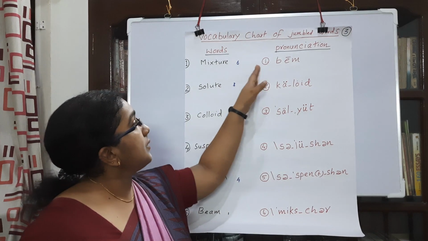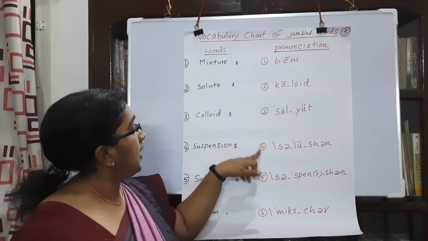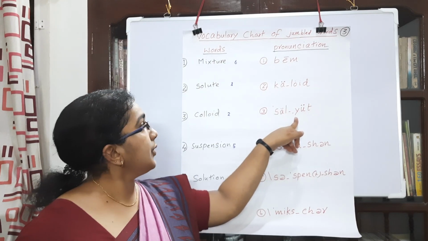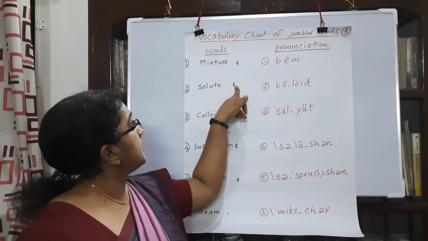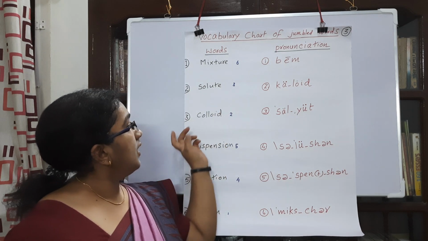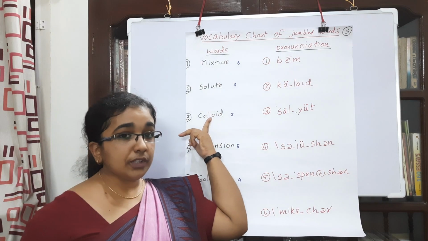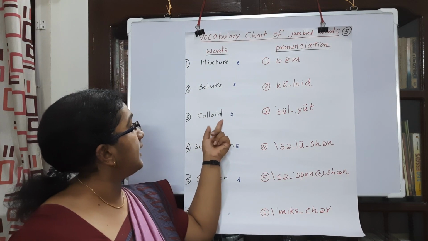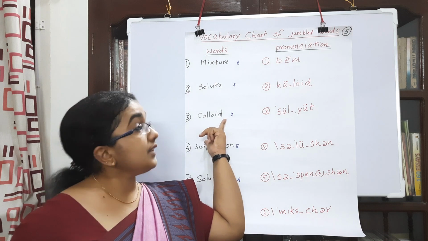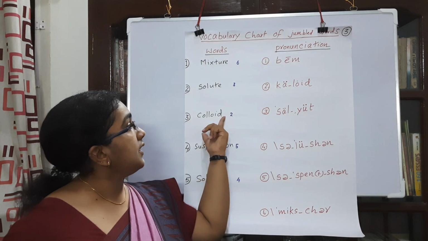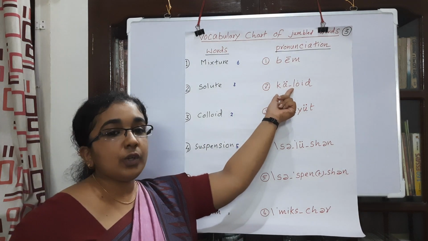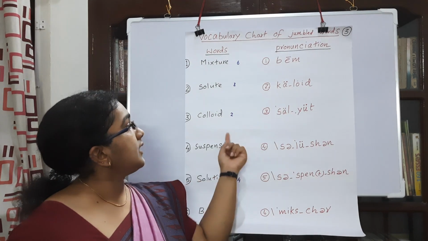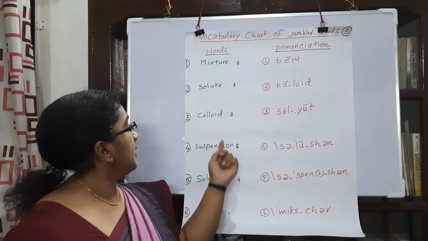For that, the correct pronunciation is solute. So the correct answer is 3. Now, coming to the next word, COLLOID. For this, the correct pronunciation is colloid. So the correct answer is 2.